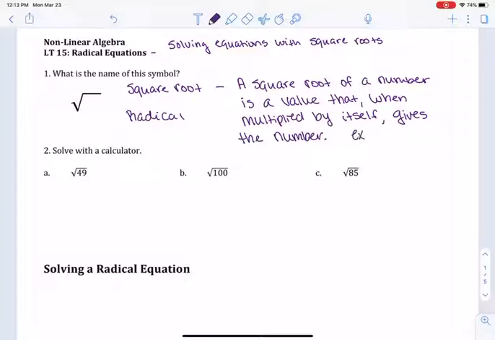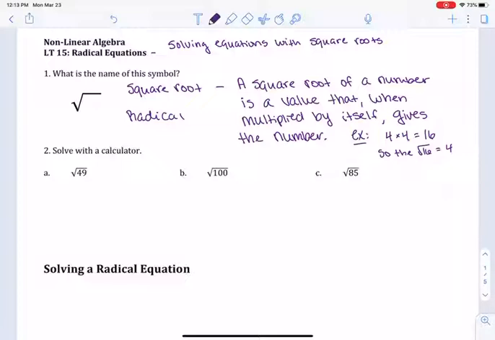So for example, 4 times 4 is equal to 16. So the square root of 16 is equal to 4. All right, pause the video if you need to finish writing that down at all.